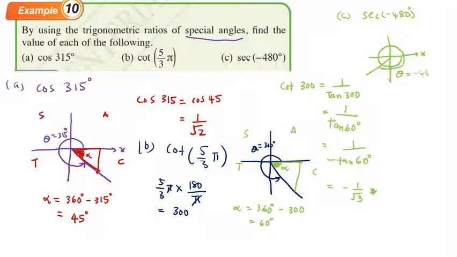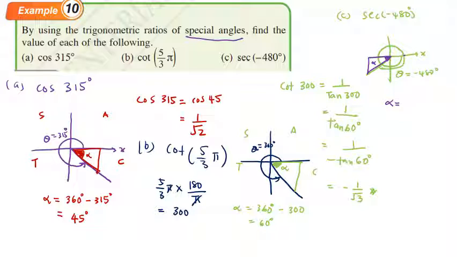So negative 480. Now we need to find its reference angle. Remember I said you must be able to build a right angle triangle from the x-axis. This small angle we call the reference angle. How do we find it? We stopped at 360, so we still need the remaining 120.